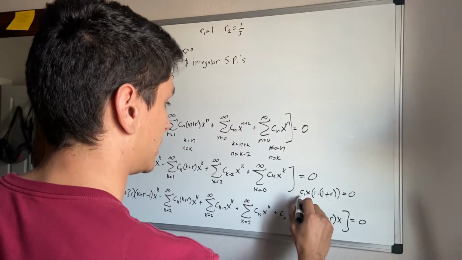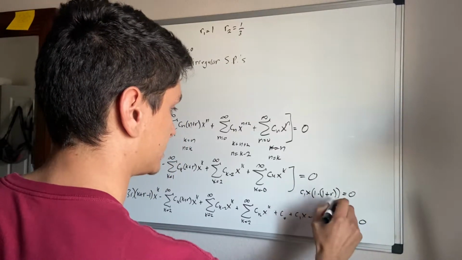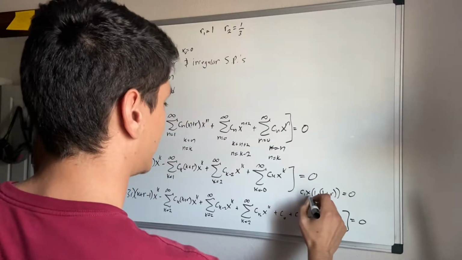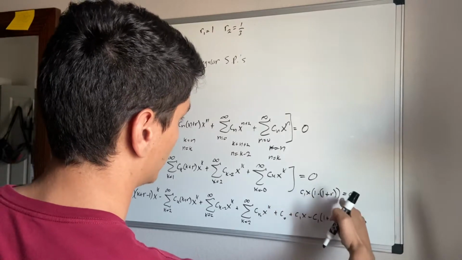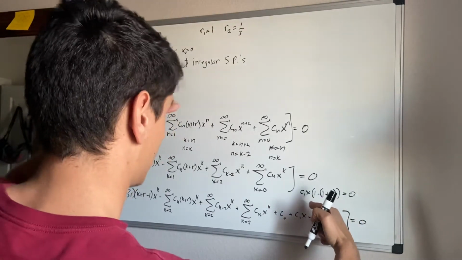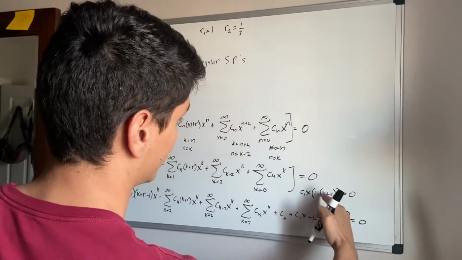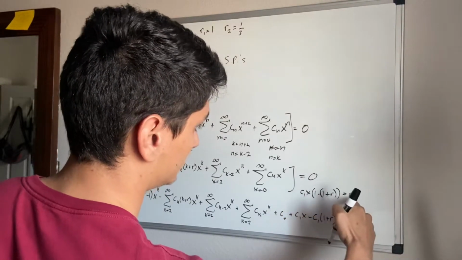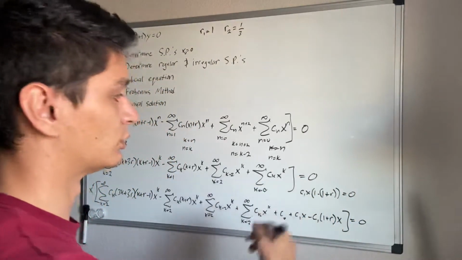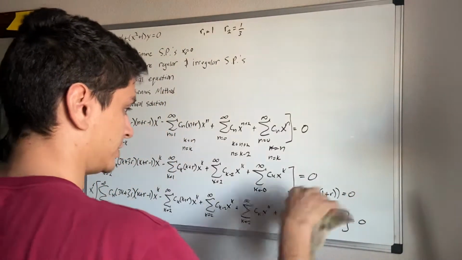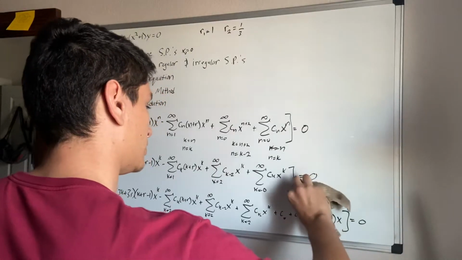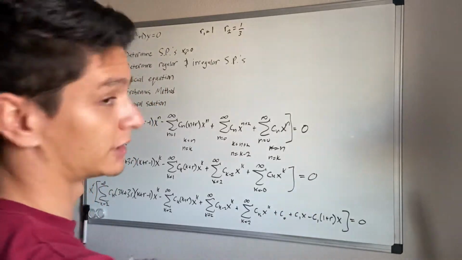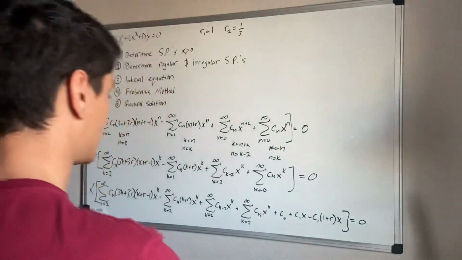If you divide by x and solve for C1, it's going to equal 0. So C1 is going to be 0. C0 is not going to be 0, and we'll find that out later on whenever we do the entire equation.